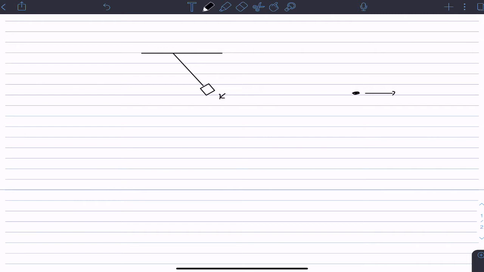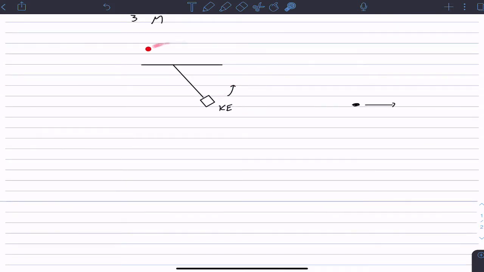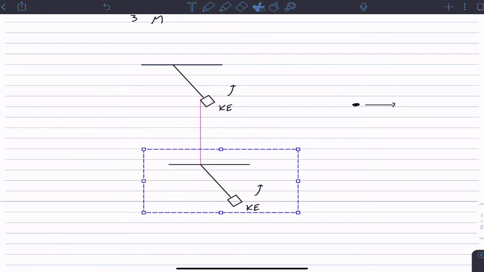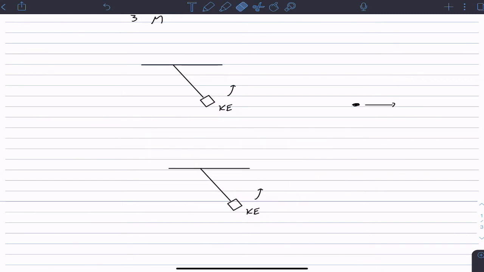So this has some kinetic energy here. It was transferred from the bullet hitting the pendulum. It's gonna go up, and this thing is able to swing all the way around. So let's set it up here.